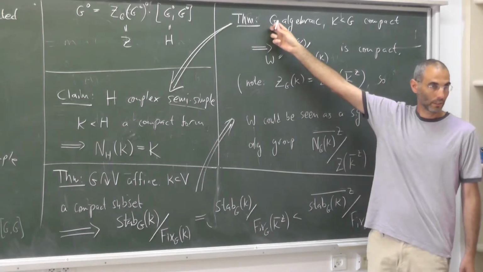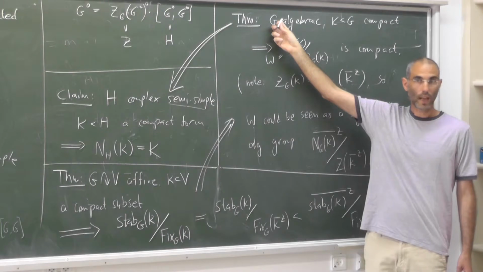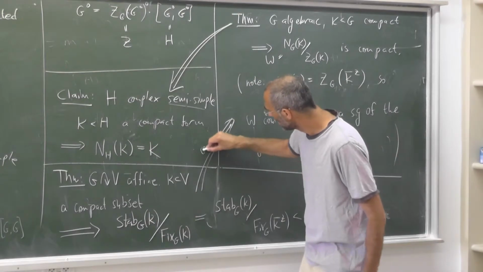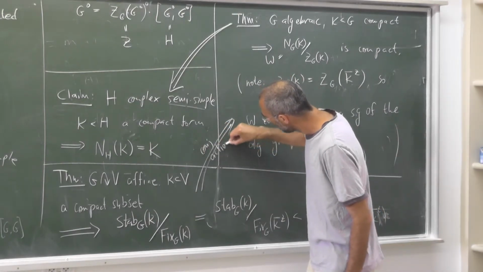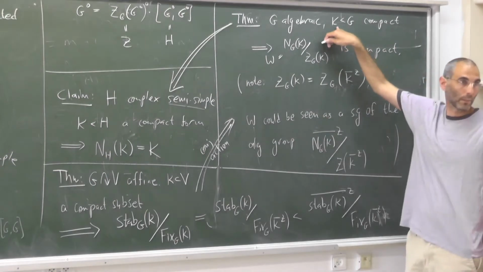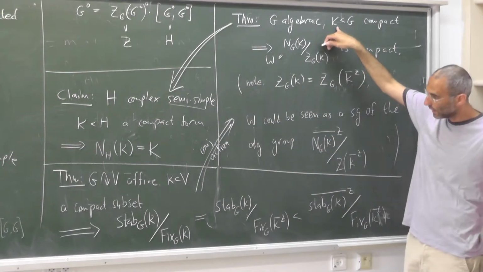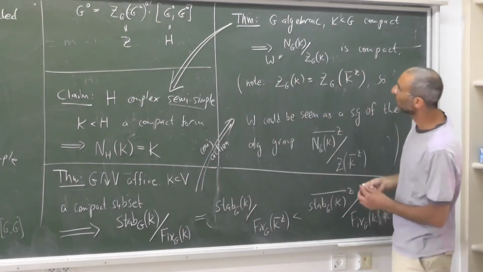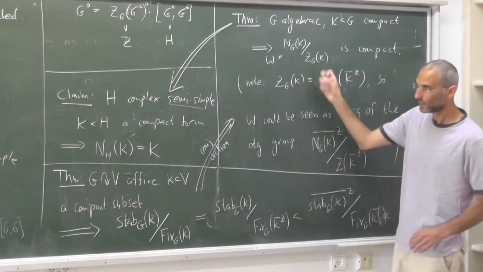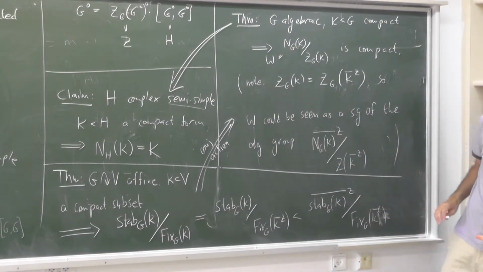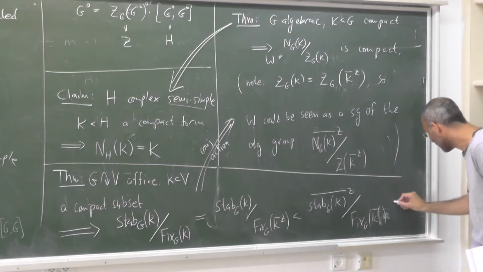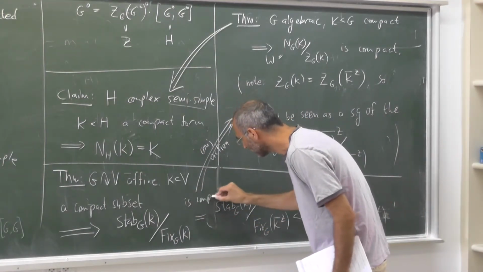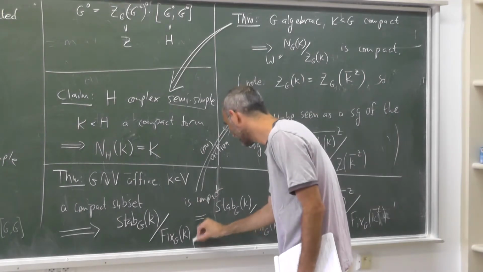G is an affine variety by itself. It acts on itself by conjugation. So V is G, and this action is the action by conjugation. K, in that form, I might view as just a subset of that variety. And the interpretation is clear. The normalizer is exactly the stabilizer, and the centralizer is the fixator. The statement is compact. I guess I should have written it down. So, there is a statement here. This is a remark.